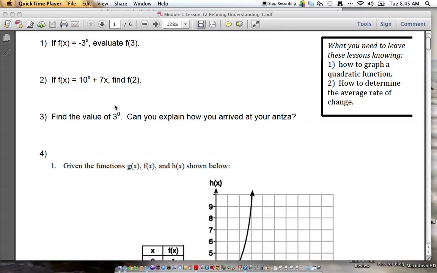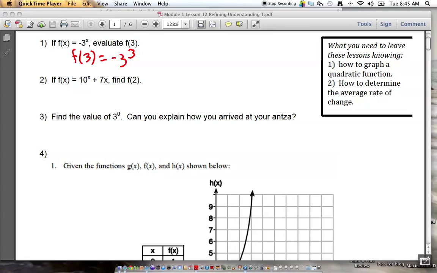Okay, number one, f of x is equal to negative 3 to the x power. And since the input is 3, f of 3 would be negative 3 to the third power. What is negative 3 to the third power? Go ahead. Positive 27.